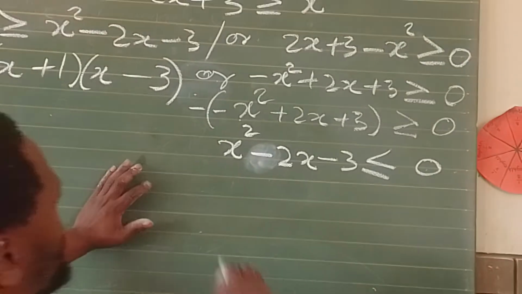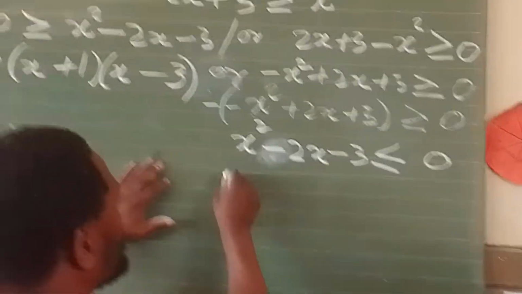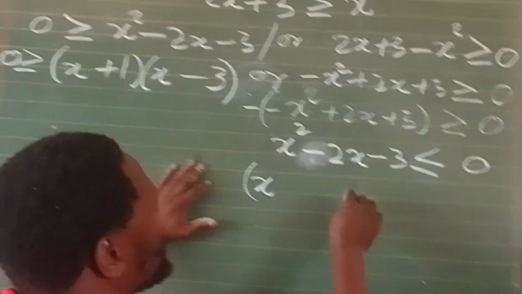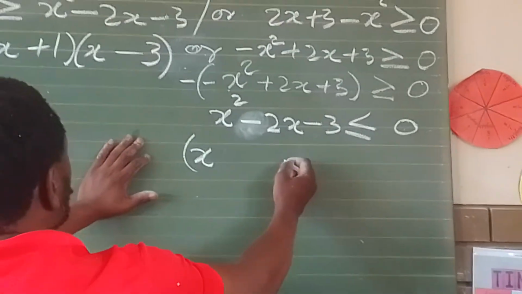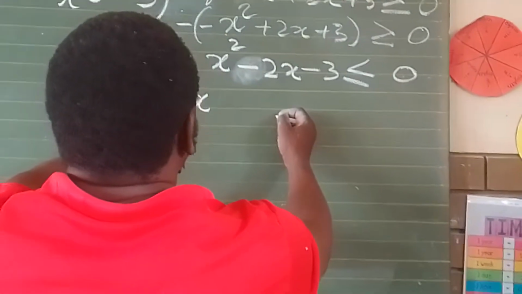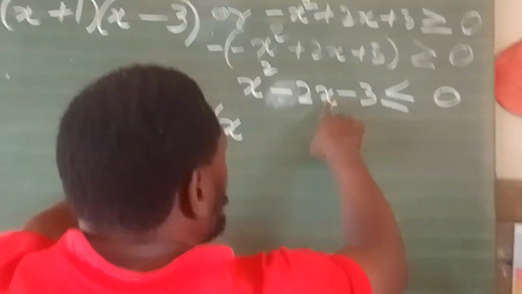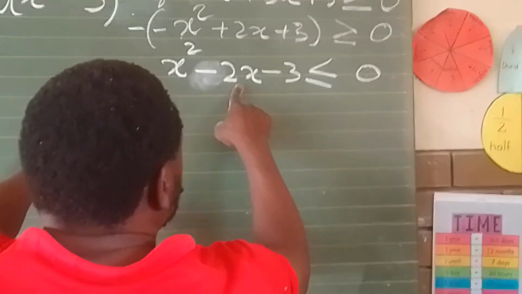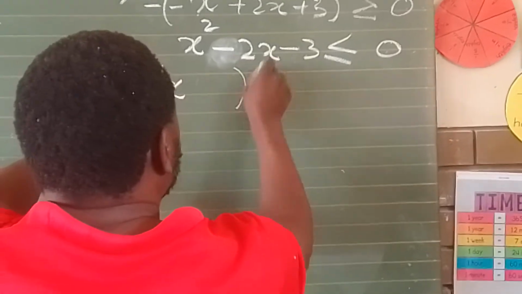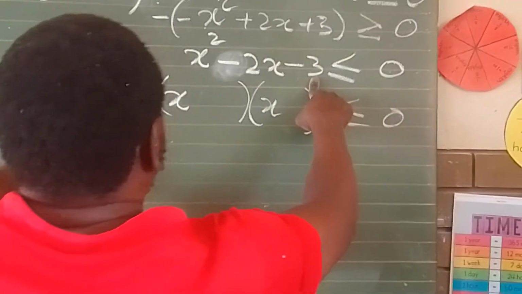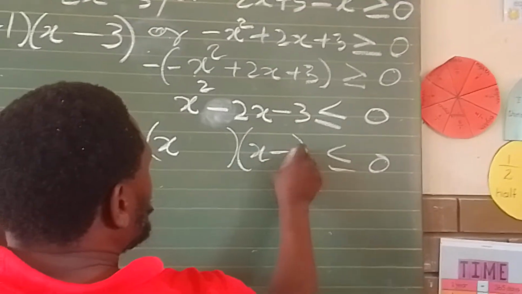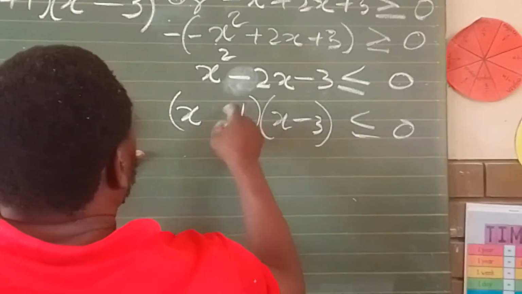Everything has changed. Now, find the factors of x squared minus 2x minus 3 that, when you add or subtract, will give you the middle term, a minus 2. So it's going to be x minus 3 and x plus 1.